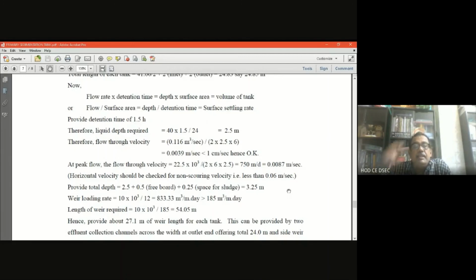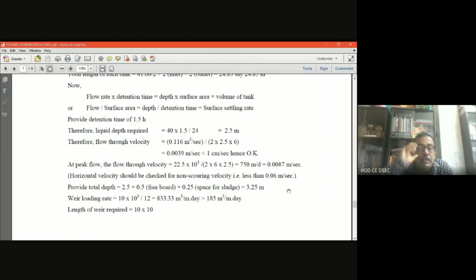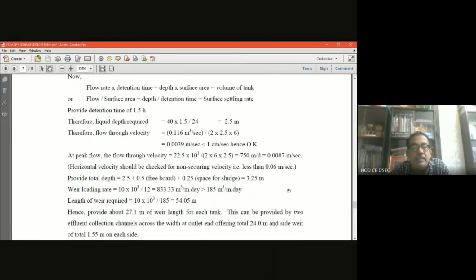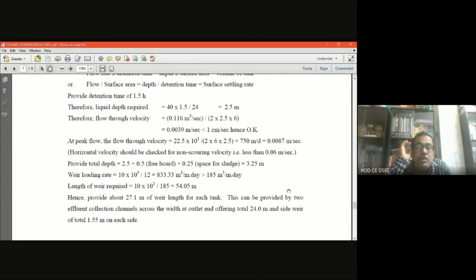Now considering that 185 is the maximum weir loading rate, we do a backward calculation. You know the flow and you know the maximum overloading rate. If you divide the flow by the maximum overloading rate, the length of the weir will be found out as 54 meter. Hence, provide about 20.